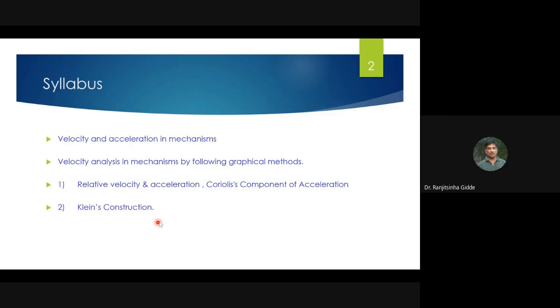And second one, you can write Kleen's construction. So very simple method. This Kleen's construction is relatively simple method than the first one. It will take very less time to get the solution. Okay.